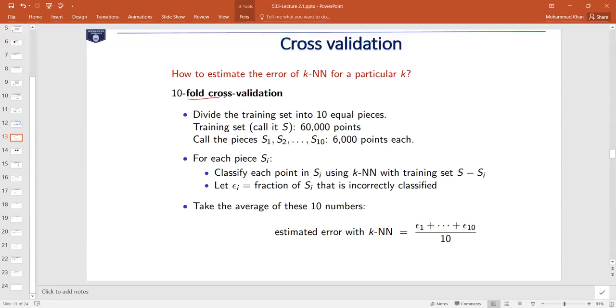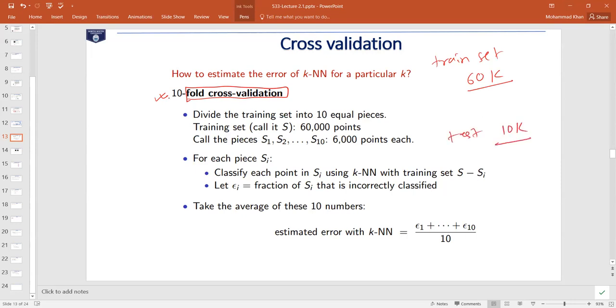Cross-validation itself can be parameterized in different ways. For example, we can use 10-fold cross-validation. If we use 10-fold cross-validation, we start working from our training set. Here, for the training set, we had 60,000 images. For the test set, we had 10,000 images.